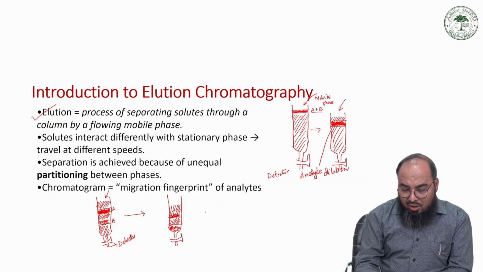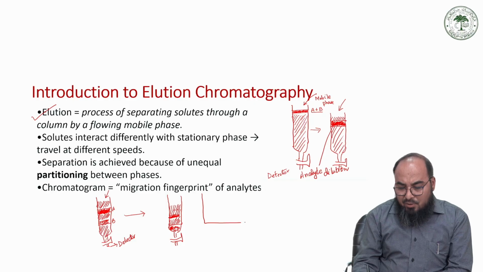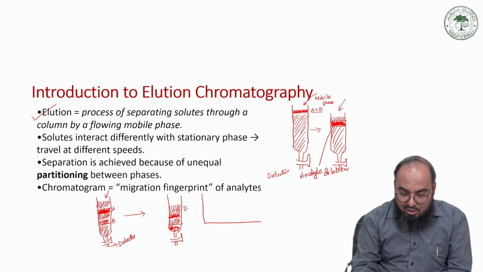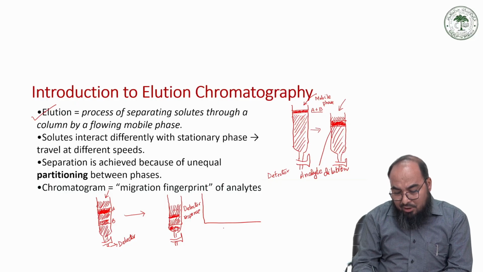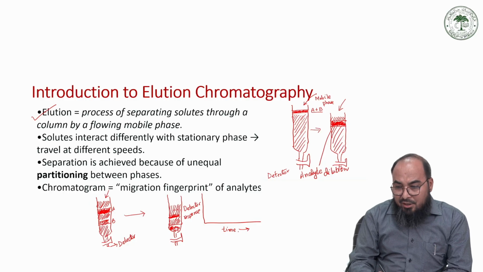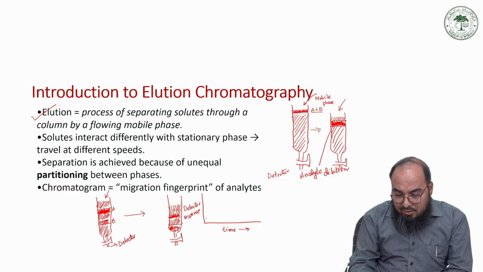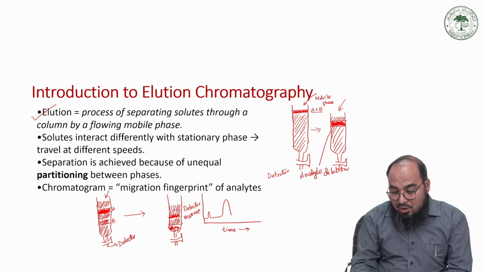Now, if you draw the detector response obtained from the column, plotted against time, initially you observe this peak, then you observe two peaks.